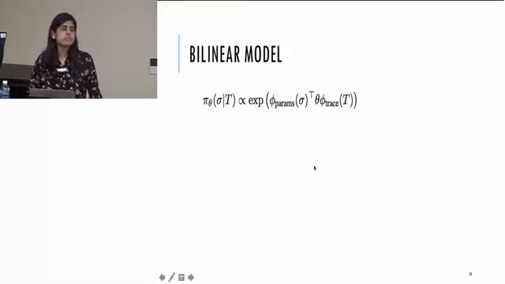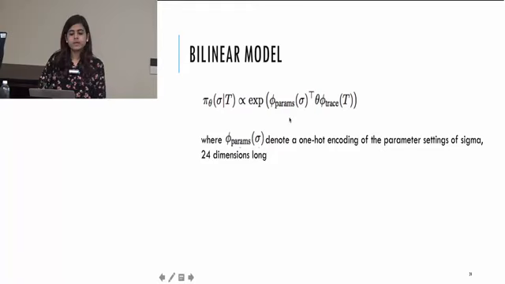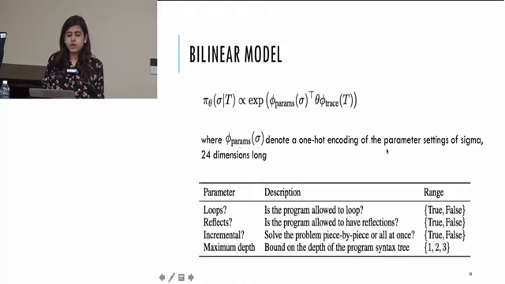Our search policy is a bilinear model, and it's proportional to the exponent of the scalar product of two vectors. Phi parameters here is a vector that denotes a one-hot encoding of the parameter settings of sigma, and it's 24 dimensions long. When you say parameter settings, we're talking about the parameters of our program.